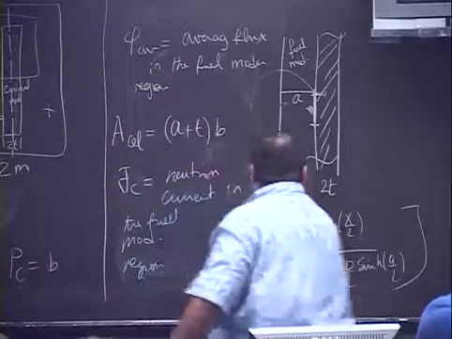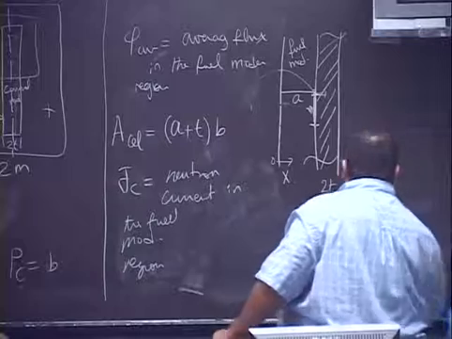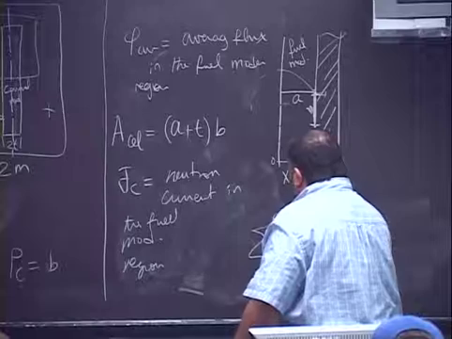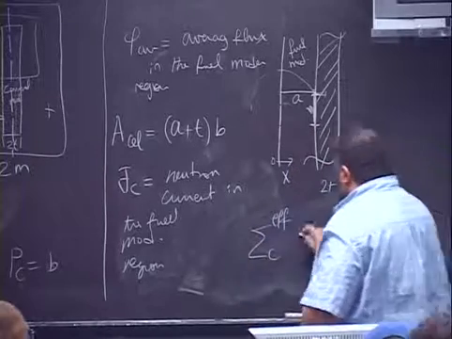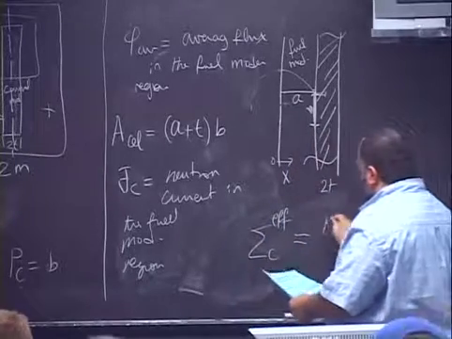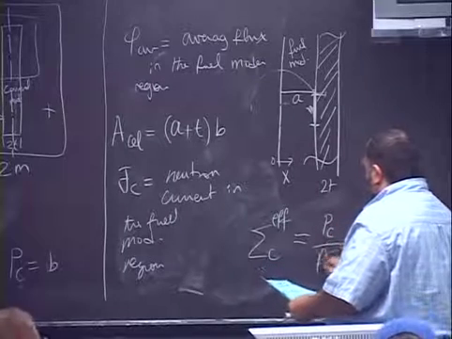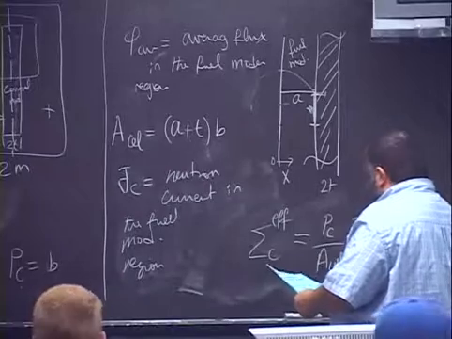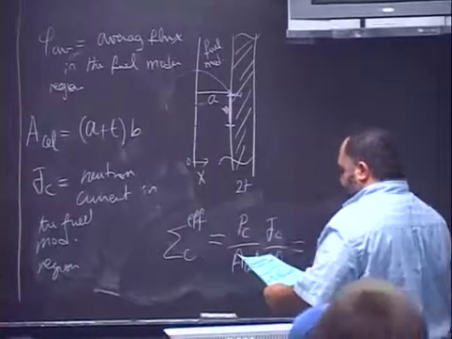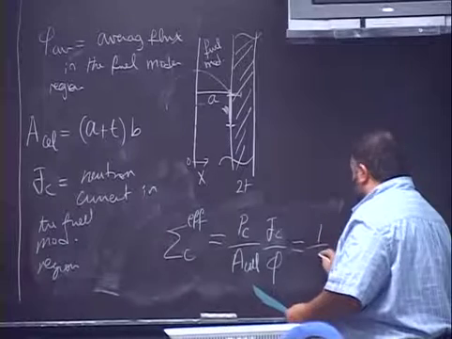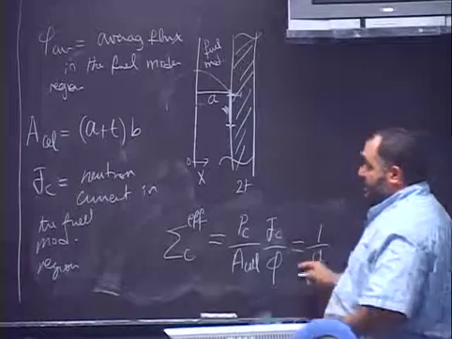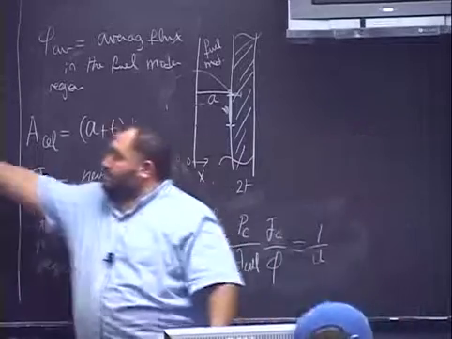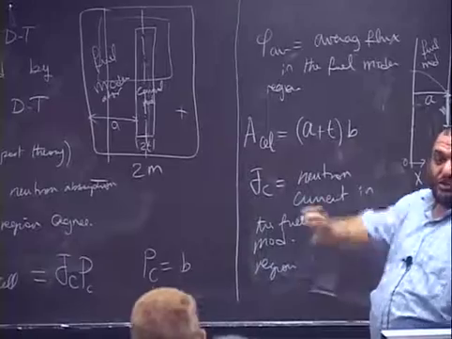If you do this calculation, you will end up with sigma control rod effective, the effective absorption cross section in the control rod region, which is equal to BC over the area of the cell multiplied by JC divided by the flux, and this will be just 1 over A. We calculated A to be what? A was the inverse.